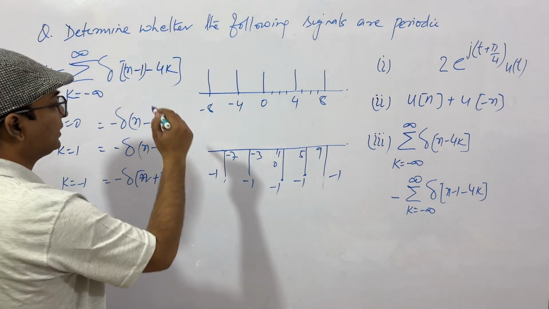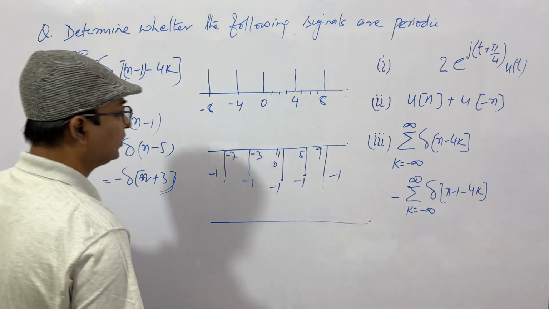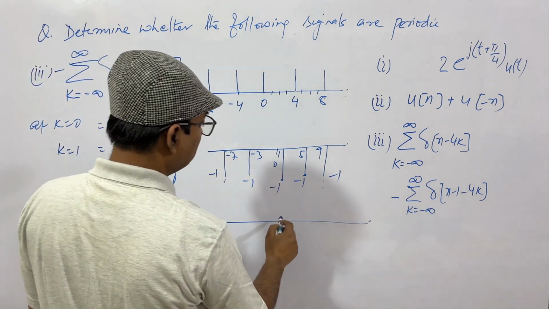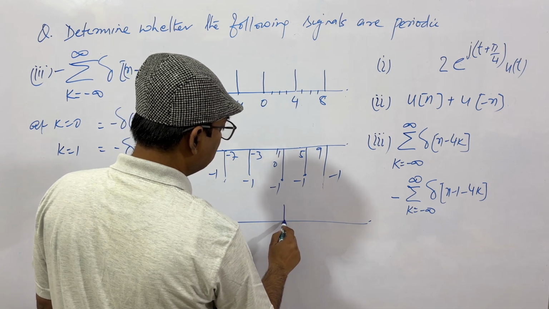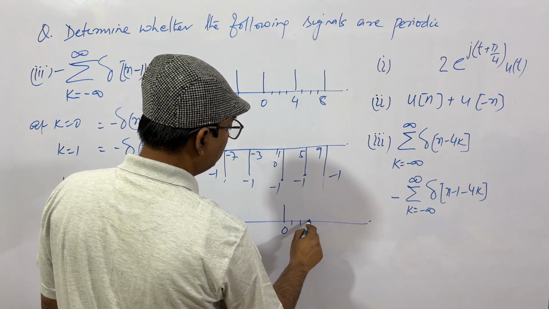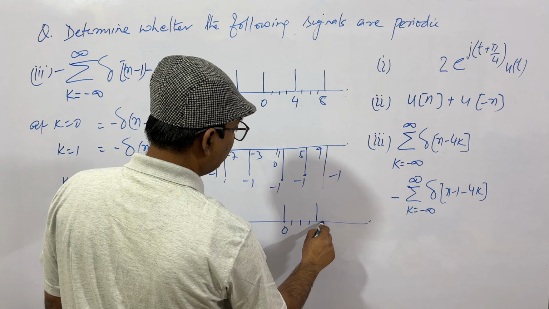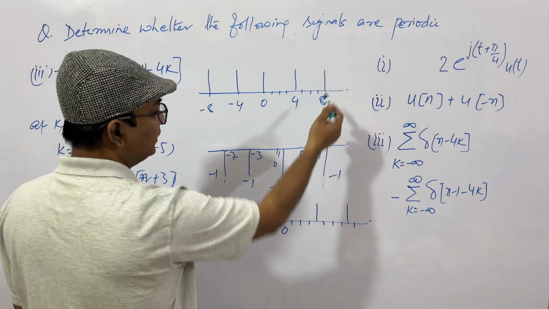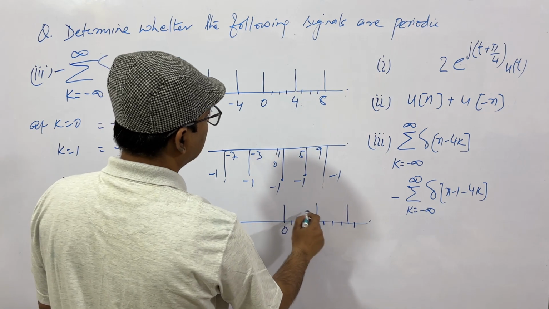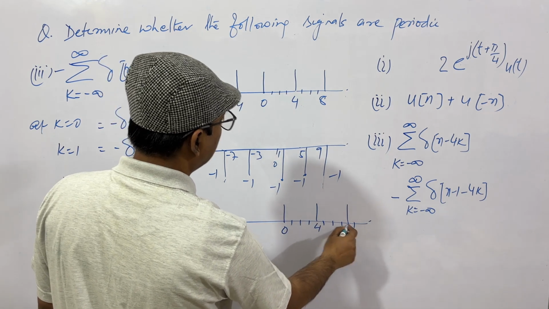So if you add this plus this, what will you get? You will get at 0, if this is 0, you will get this value. That's 1, 2, 3, 4, 5, 6, 7, 8. So this is the first signal. This is 4, this is 8.